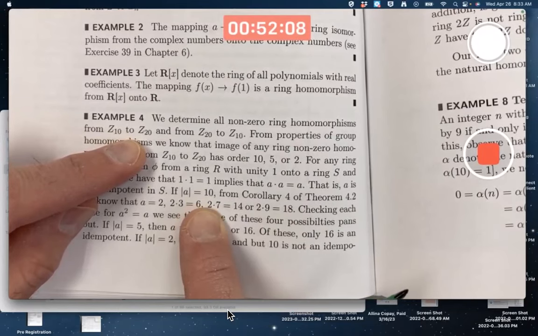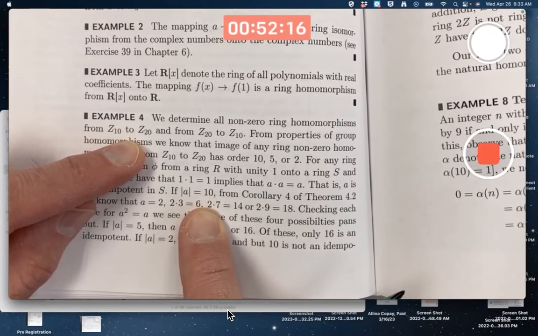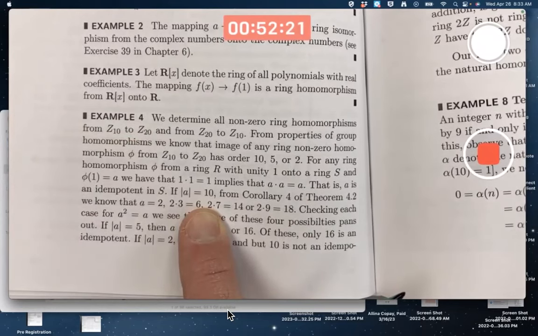If the order of A is 10, that means, well, one element that has an order of 10 is 2, right? 2, when you add it to itself a certain number of times, doesn't get you back to 0 until you've added it to itself with 10 terms. 2 plus 2 plus 2, etc., giving you 20, but then mod 20 is 0.